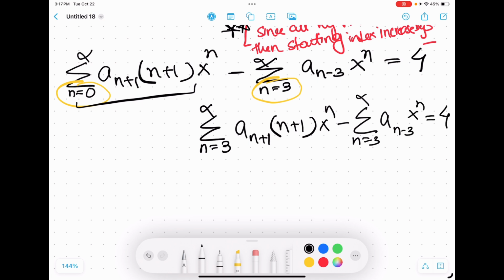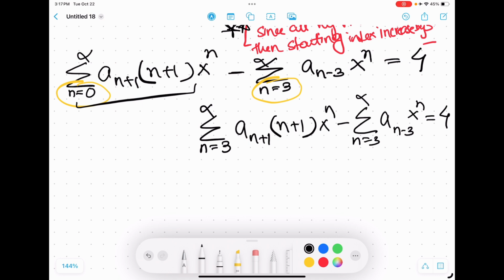Now, since I started from 3, what happens to the first 3 terms? What happens when n is equal to 0? What happens to n equal to 1? What happens to n equal to 2? Yes, if we do not include them, clearly they are going to be lost, and this is not how we want it to be.